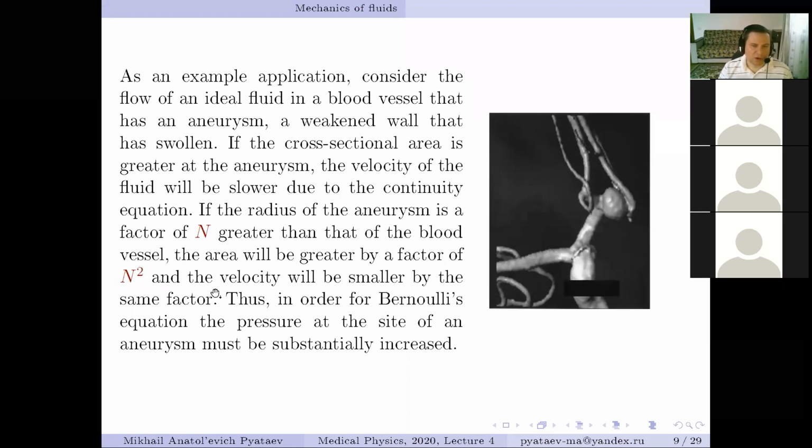It is correct, but the estimation of pressure from Bernoulli's law is not absolutely accurate, because it is valid only for an ideal liquid with no viscosity, no inner friction. Anyway, even if we take viscosity into account, the pressure in a wider area will be larger than in a narrow area.